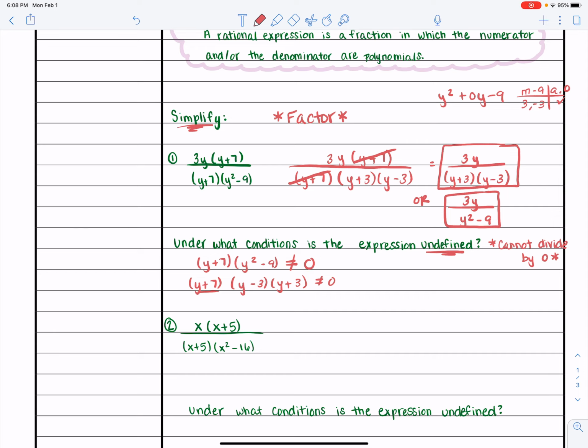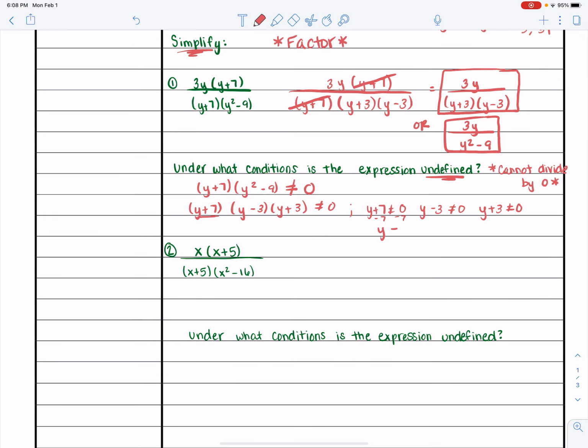So we're going to break it apart and say that y + 7 cannot equal 0, y minus 3 cannot equal 0, and y + 3 cannot equal 0. Because all three of those scenarios would give me a 0 for the denominator, and that can't happen. So y + 7 can't equal 0. If I want to solve for y, I would subtract 7 from both sides.